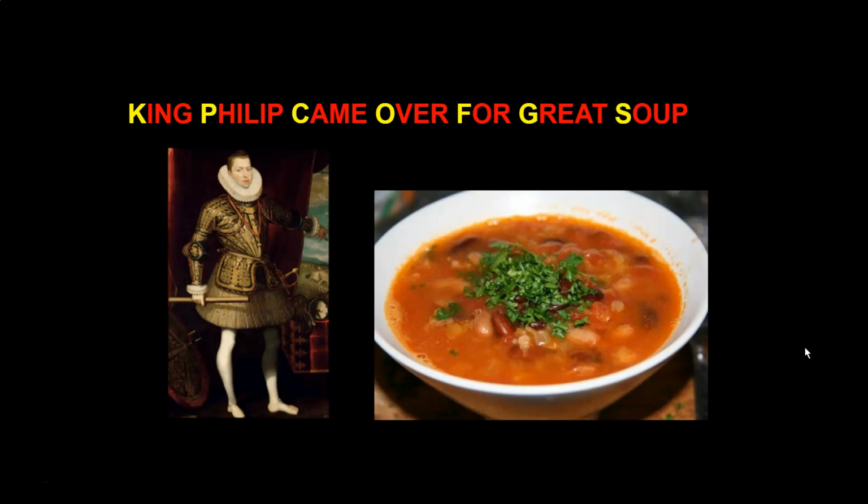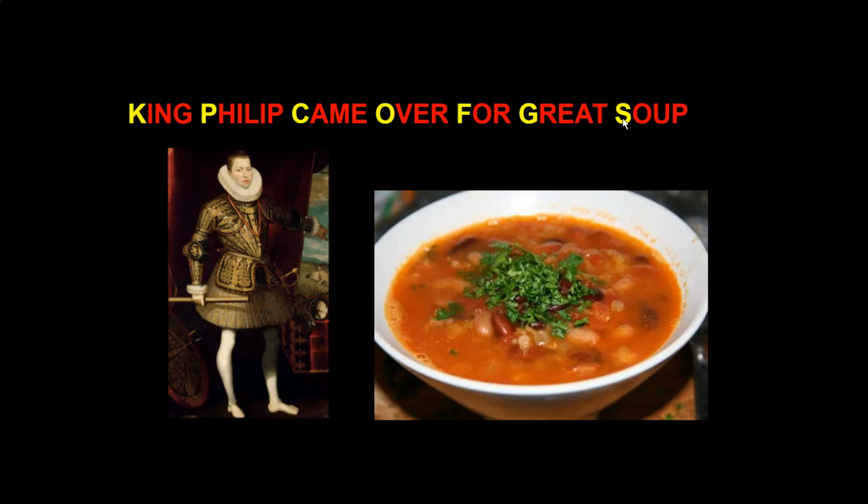Okay, so a way to kind of remember this is King Philip came over for great soup. So remember, the K is for kingdom, the P is for phylum, the C is for class, the O is for order, the F is for family, the G is for genus, and the S is for species.